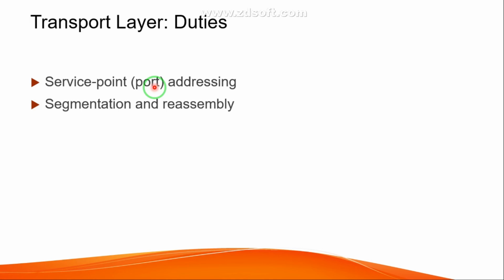Because suppose a message is divided into 5 segments, 1, 2, 3, 4, 5, and at the receiver the second segment is received, then first, then fifth, then fourth, then how would the receiver come to know how to make this message intact in a sequential manner? So for that purpose, these numbers help the receiver for reassembly purposes.